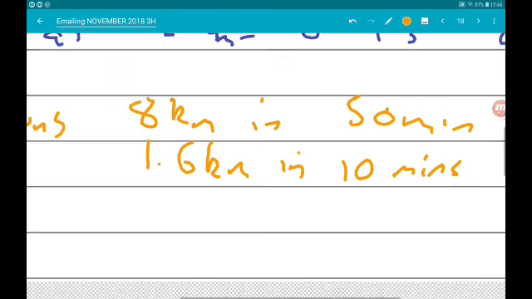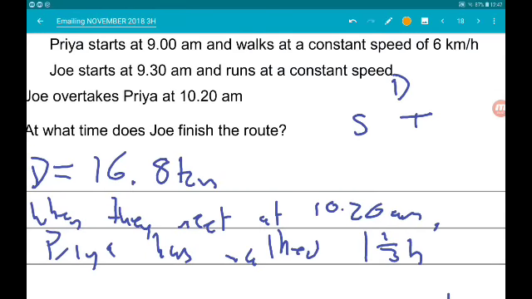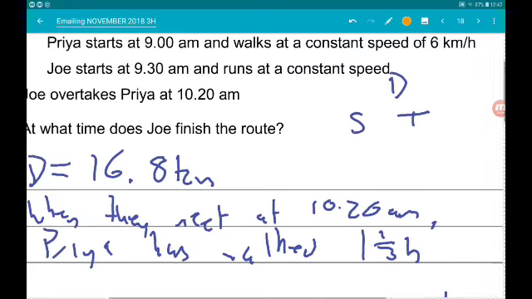Now, we want to know at what time does Joe finish the route. So for that, we need to know how long the route takes him. So now we want time. So time is distance over speed. So Joe's time is, well, the route is 16.8 kilometers. So 16.8 divided by his speed, 9.6.